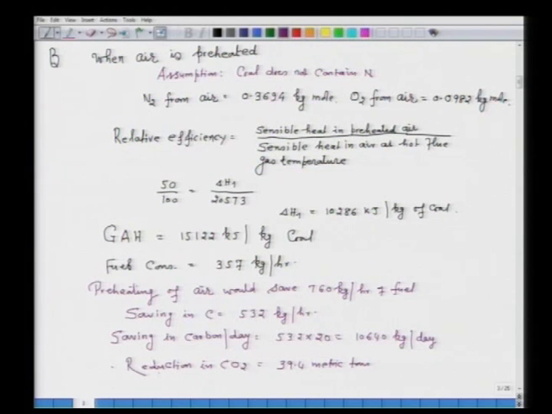So, the carbon offset, the concept already I have introduced, will be equal to 39 per day. So, this particular problem clearly illustrates the interrelationship between fuel saving, furnace efficiency, and the carbon offset.